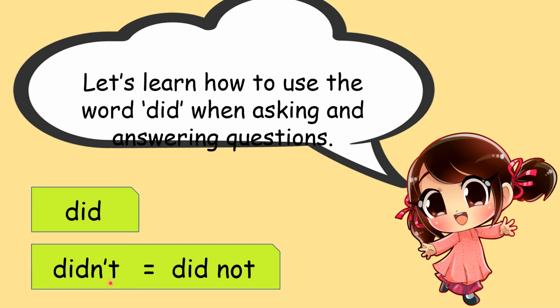So today, our main focus will be on how to use the words did and didn't in questions and answers. Remember, didn't stands for did not, and it is always used when we disagree or when we say no to questions that start with the word did.